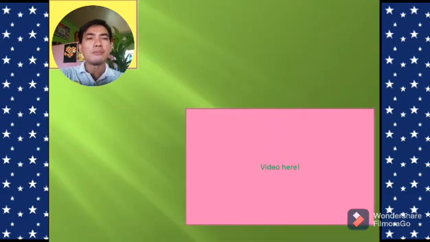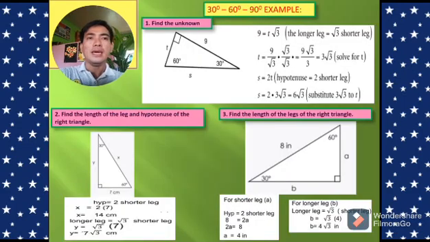So our hypotenuse is equal to 8, and the shorter leg is represented by A. So 8 is equal to 2A. Since we're looking for the value of A alone, divide both sides by 2. So 2A divided by 2 is equal to 8 divided by 2. Therefore A is equal to 4. Then we have the units as inches, so A is equal to 4 inches.